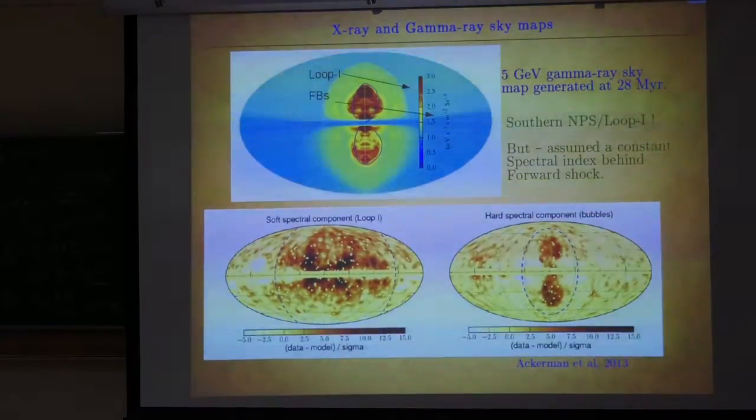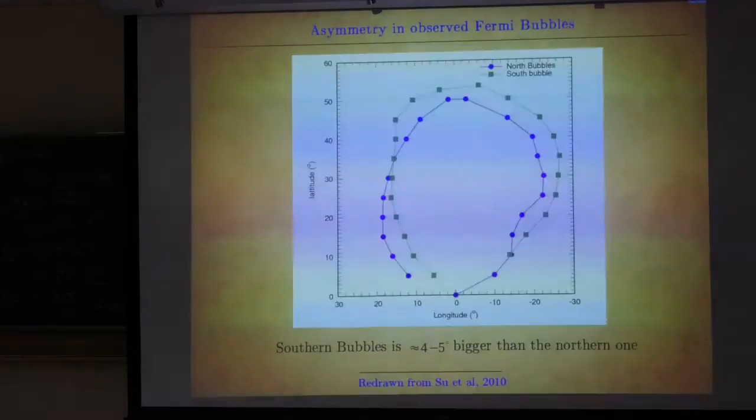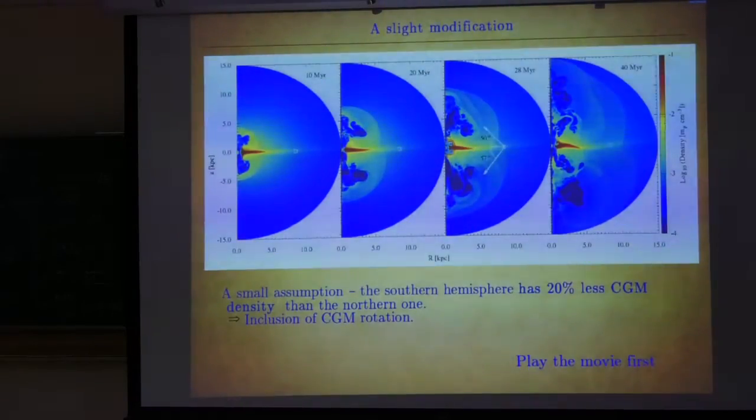Then does that mean that this is inconsistent? I would say no. The power law of the electron spectrum that I have taken to get the gamma ray intensity is roughly 2.4, and that is because of the shock acceleration. Now remember, in the southern hemisphere, we are already inside the shock.